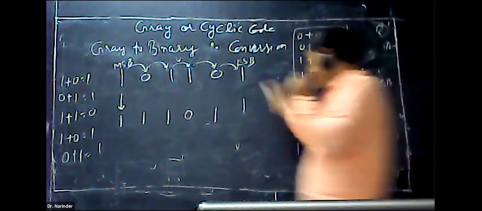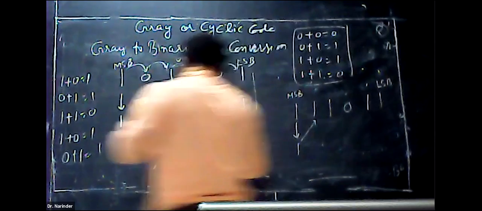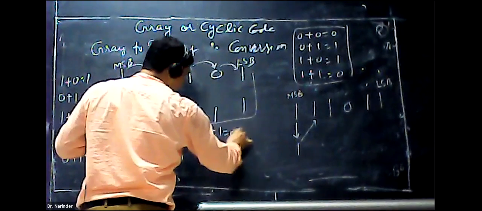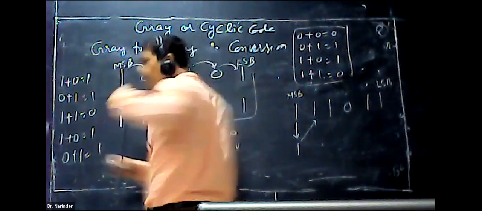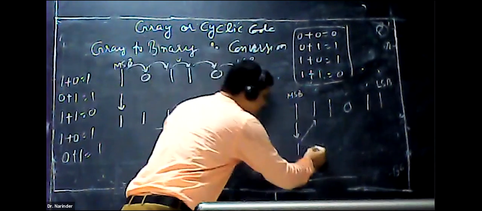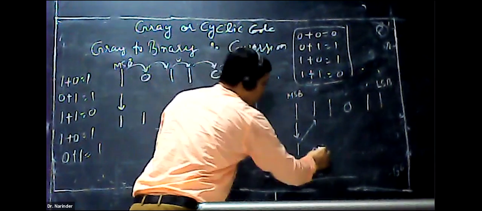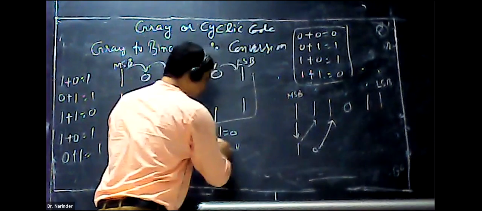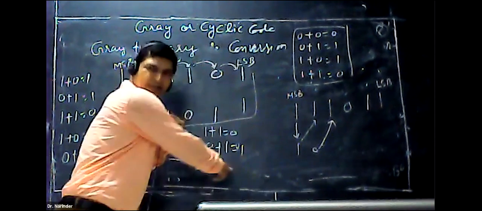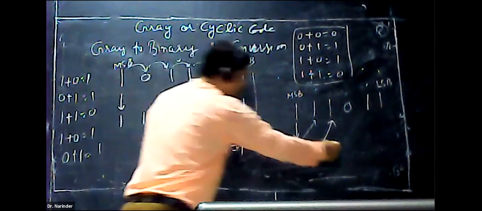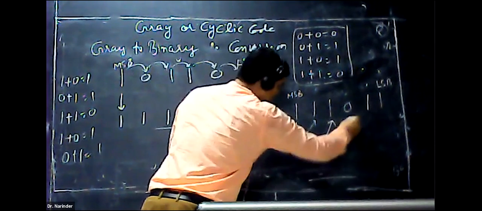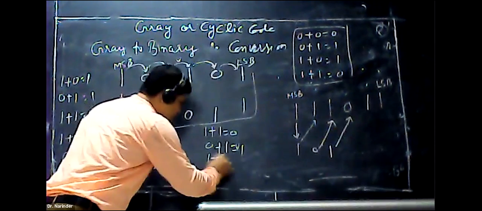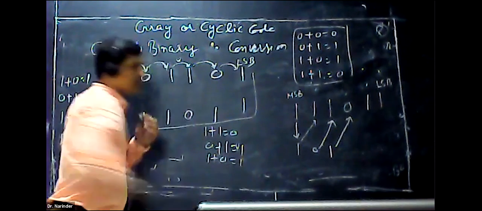1 plus 1 is 0. So write here 0. Now this is 0 plus 1. 0 plus 1 is again 1. Write here 1. Now this is 1 plus 0. 1 plus 0 is 1.